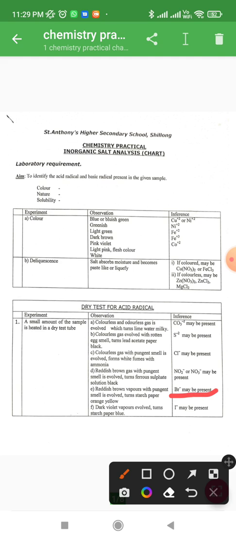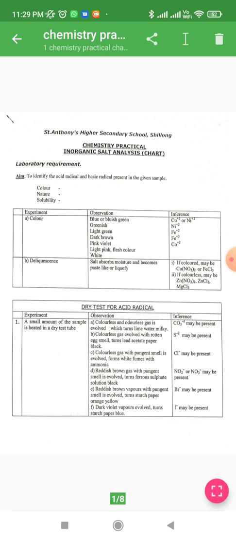So bromide may be absent. Then the last, no dark violet vapors evolve to turn starch paper blue, so you have to write iodide may be absent. Please don't write iodide may not be present and all those, don't change the language. So that's how you finish with the dry test for acid radical.